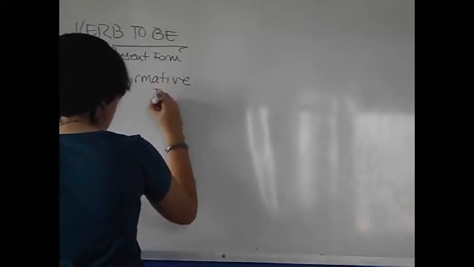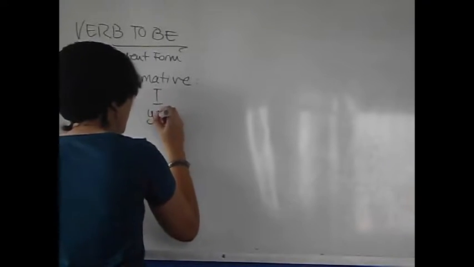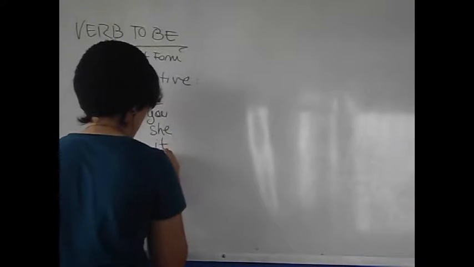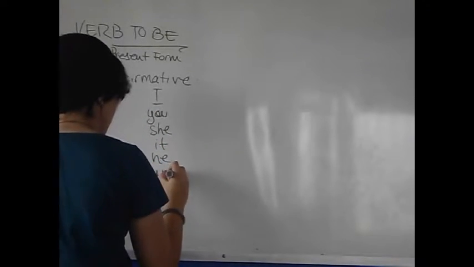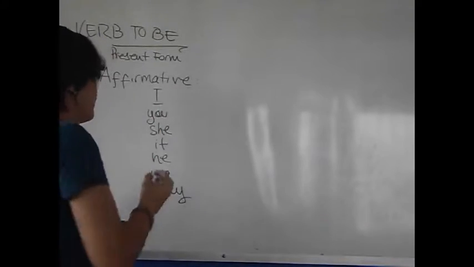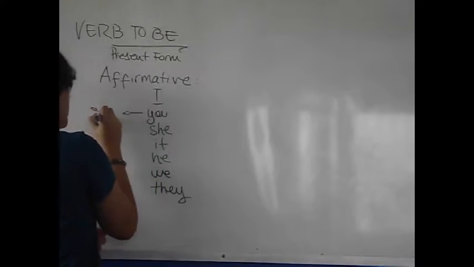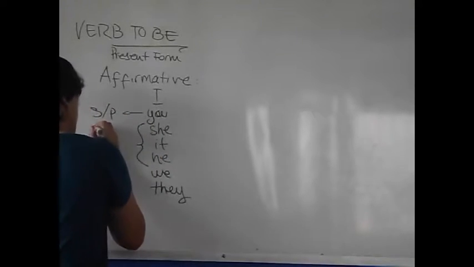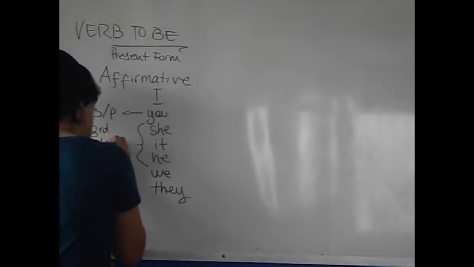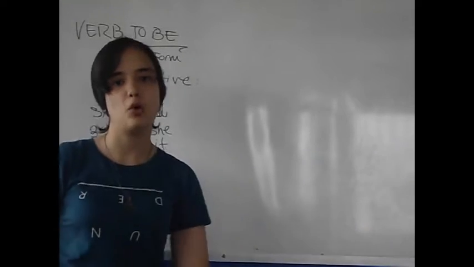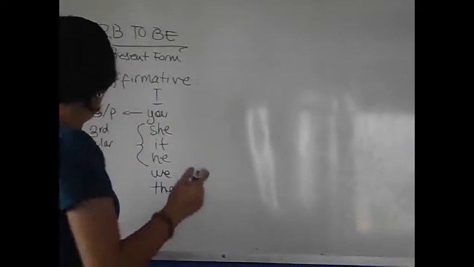So we should determine, first of all, which are our personal pronouns. Okay? So we have you, which can be used both in singular and plural. She, it, he, which are the third singular person. They have specific changes in which the three are involved and the three are related.